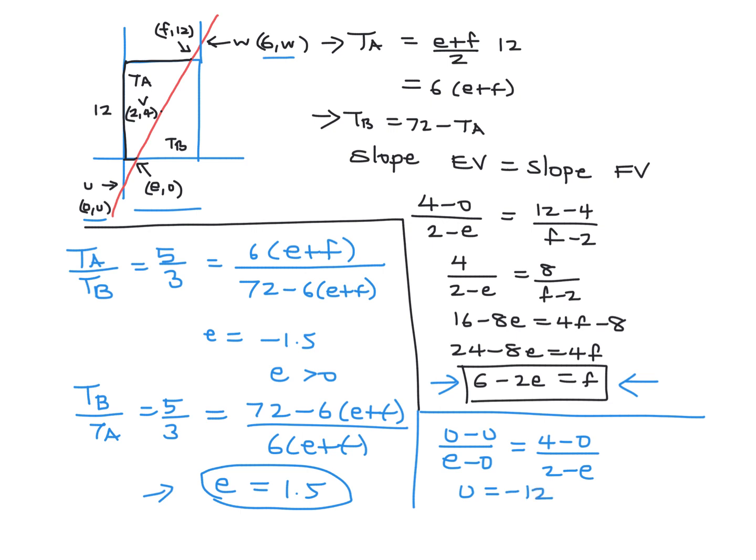And when you again use this line to get the slope and it being equal, you would solve to get W equal to 36. So the solution would be U equals minus 12 and W equals 36. And that's another solution to this question.